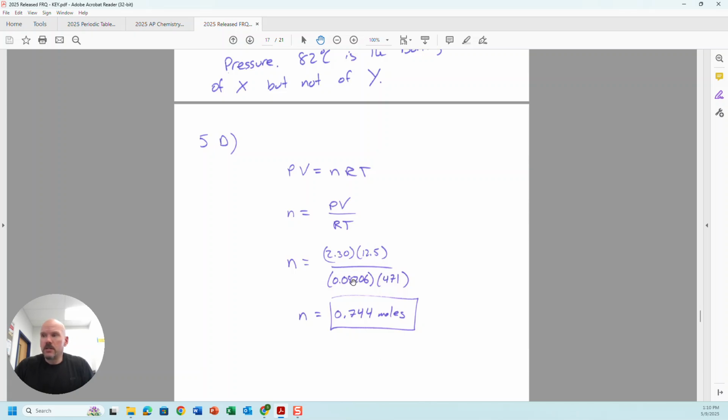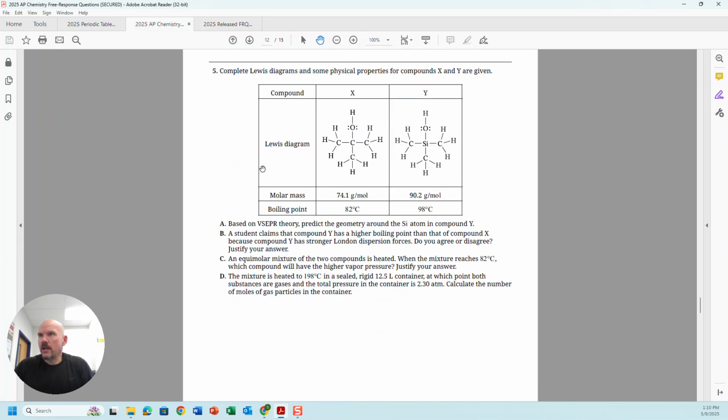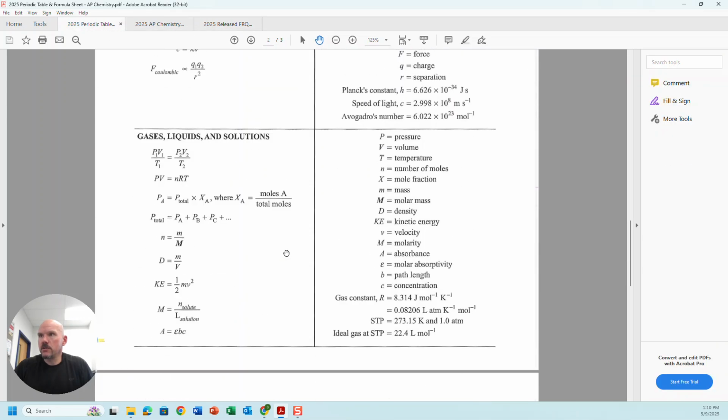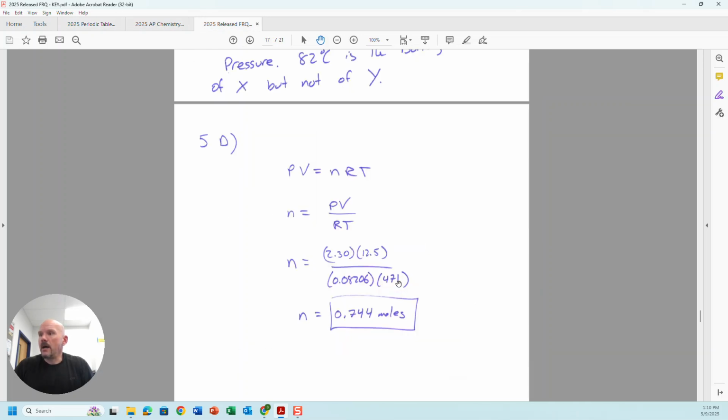It's on your formula sheet. If you need a reminder, let's check where it is on the formula sheet just to be sure. Here we go, 0.08206 atmospheres, right? And then 198 plus 273 for your Kelvin temperature. So you do your math and you get, to 3 sig figs, 0.744 moles.